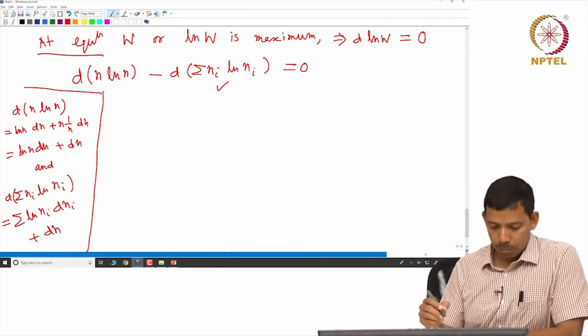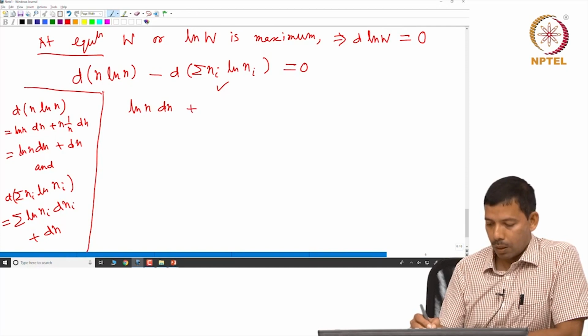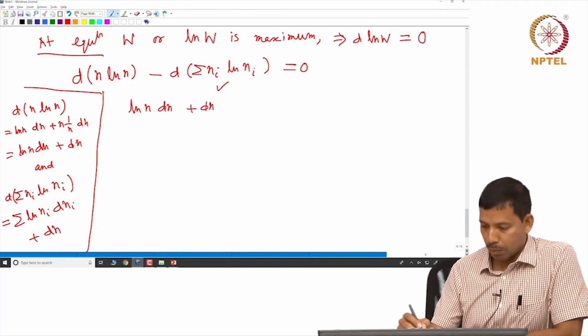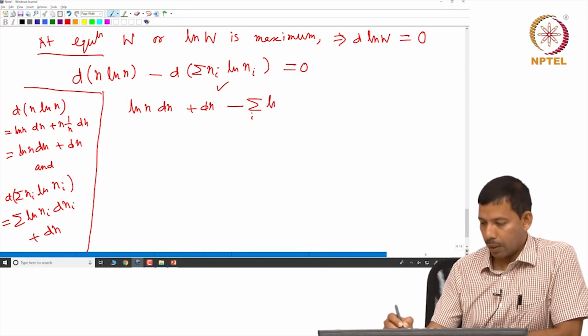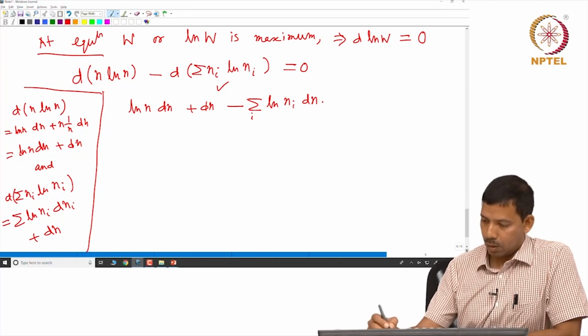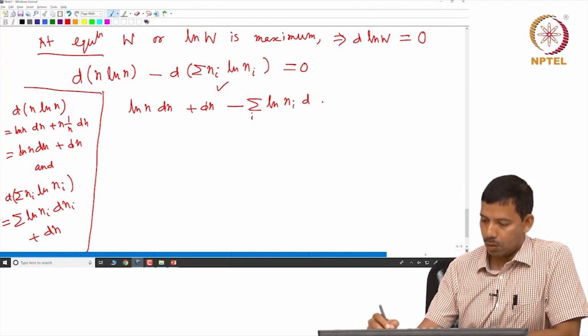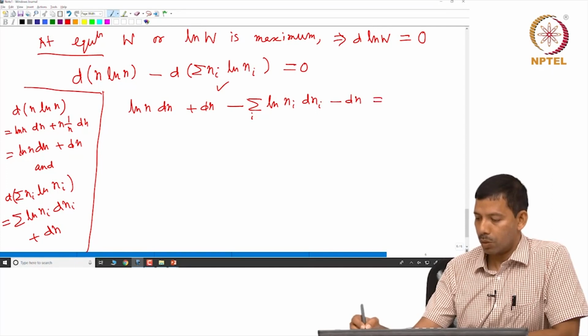If I put them back here, I get ln n dn plus dn minus sum over i of ln ni dni minus dn, that's equal to 0.